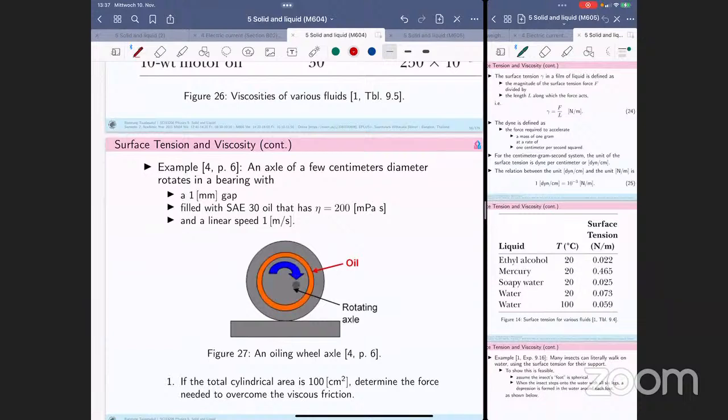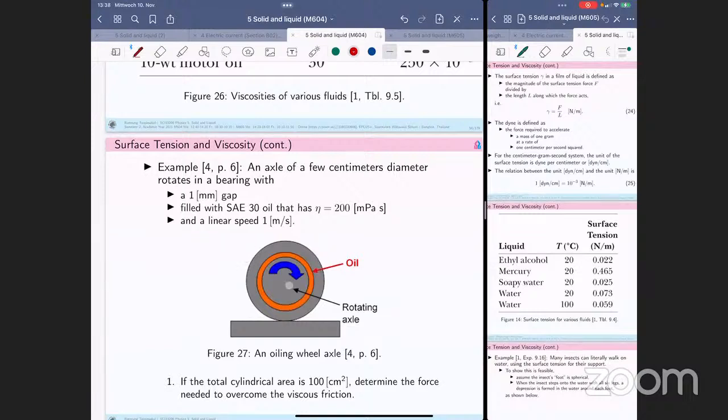This is the cross-sectional view of that bearing rotation. This is the axis, and it's the axle, and this one is like a big wheel. If we rotate it, it's going to move.